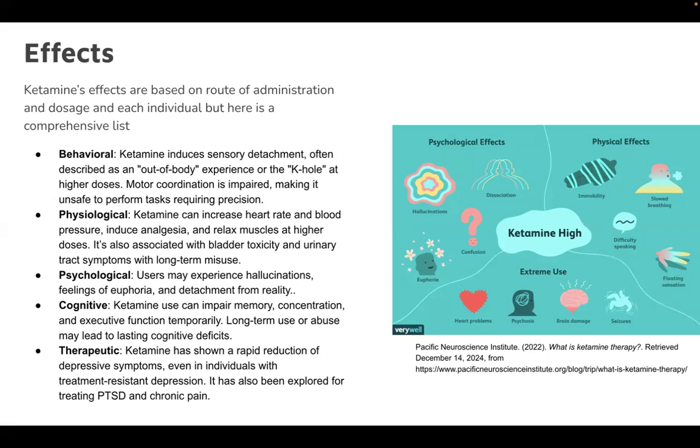Physiological, ketamine can increase heart rate and blood pressure, induce analgesia, and relax muscles at higher dosages. It's also associated with bladder toxicity and urinary tract symptoms with long-term misuse. And psychological, users may experience hallucinations, feelings of euphoria, and detachment from reality.